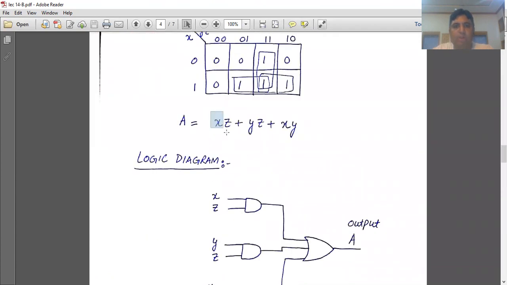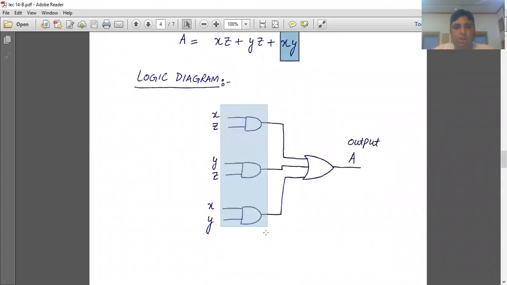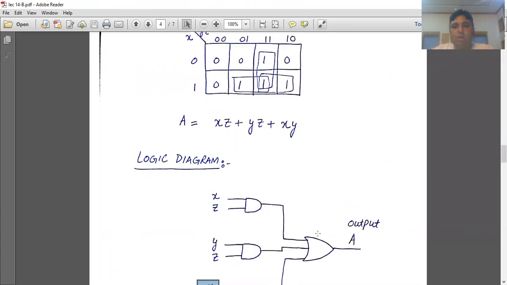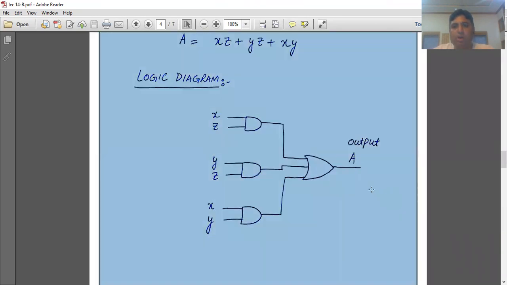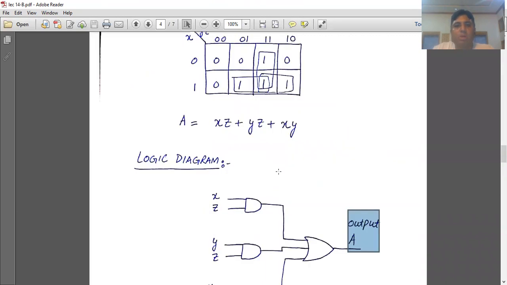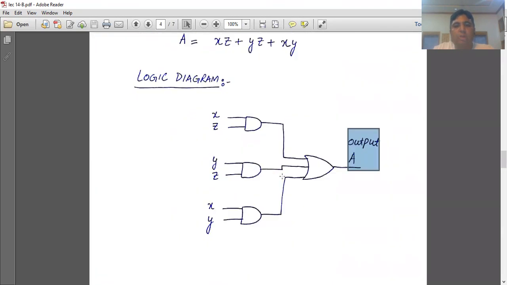The logic diagram will have 3 AND gates, with the inputs XZ, YZ, and XY, and their outputs going to an OR gate, which will generate the output A. So this was problem 4.3.